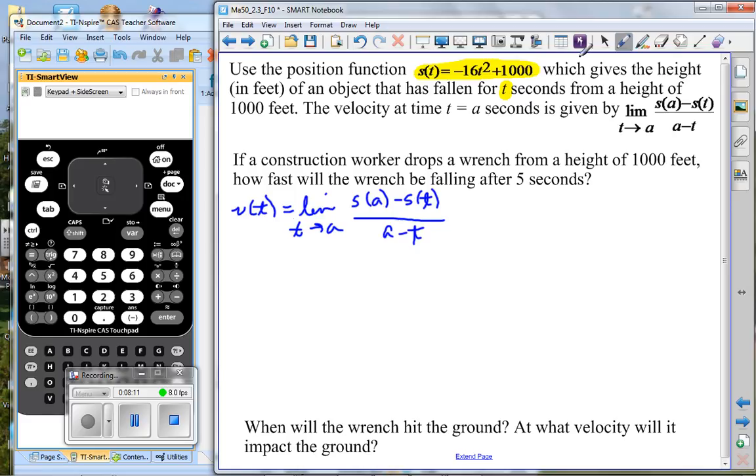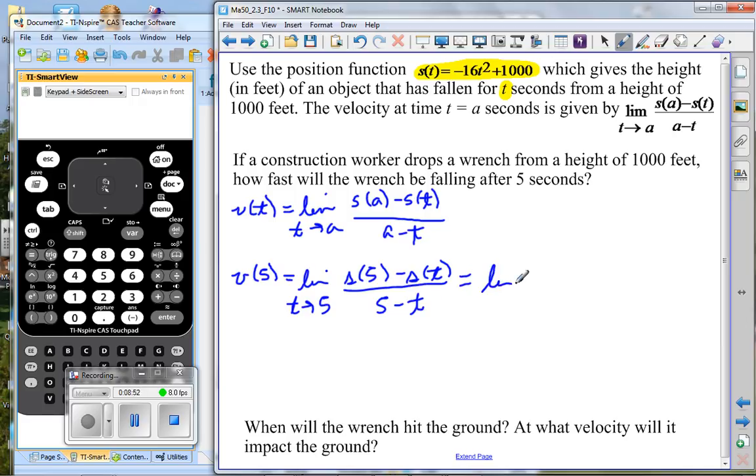Okay, our problem is asking then for v of 5, because we're going to look at this 5 seconds after it has dropped. So we have the limit as t approaches 5, and this would be S of 5 minus S of t divided by 5 minus t.